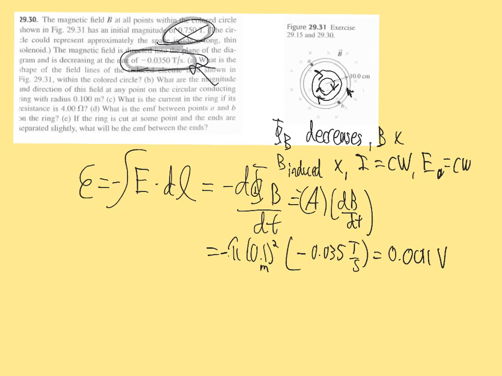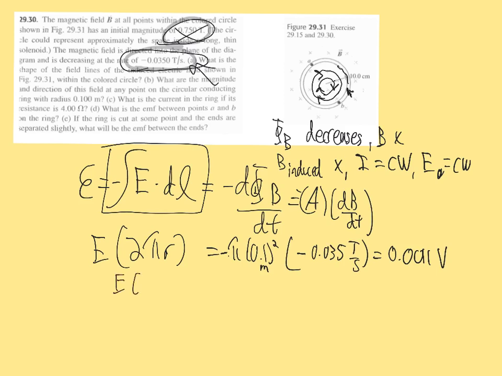That's the change in flux over change in time. But for E dot dl, that's the part I have to do next. That's going to be the path around here. Well, that's not hard to find because it's just a circle, and we know the path around that. It's just 2 pi r. So that's going to be E times 2 pi times 0.1 meters equals 0.0011 volts.